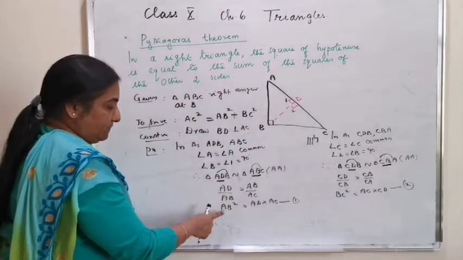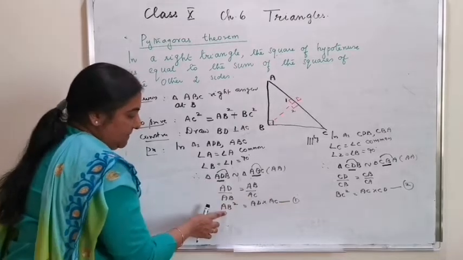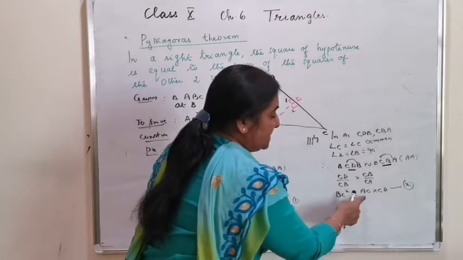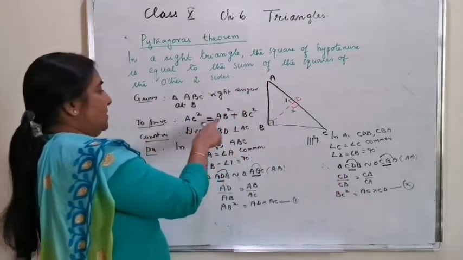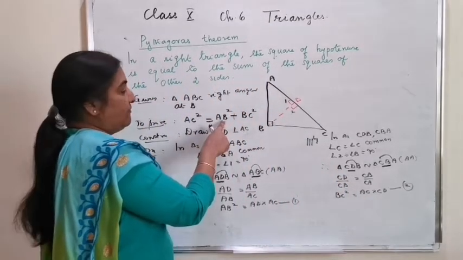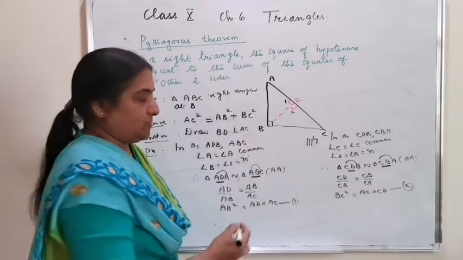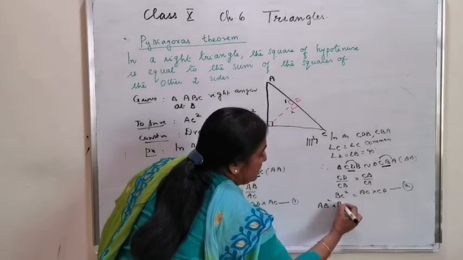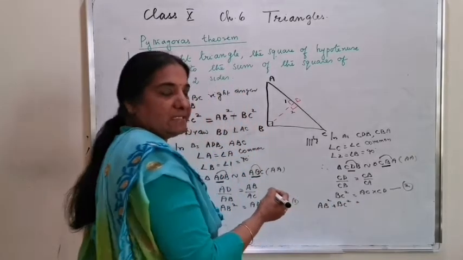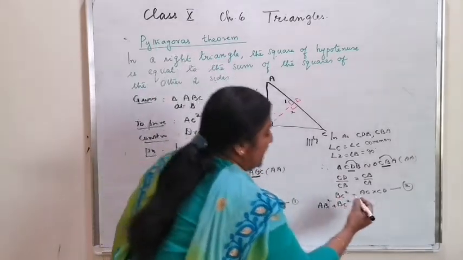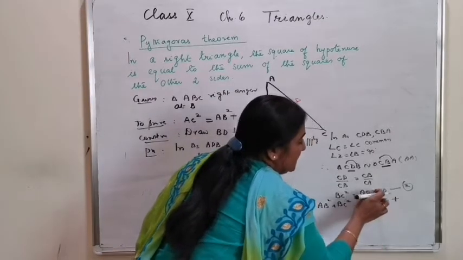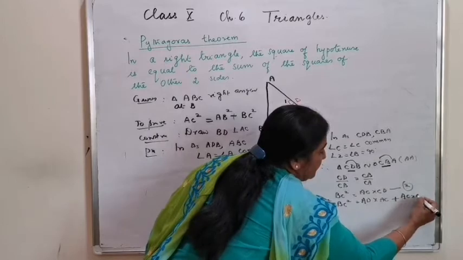Now, equation number 1, AB square is equal to AD into AC. Equation number 2, BC square is equal to AC into CD. You need to prove what is the total of AB square plus BC square. By adding, AB square plus BC square is the same as AD into AC plus AC into CD.